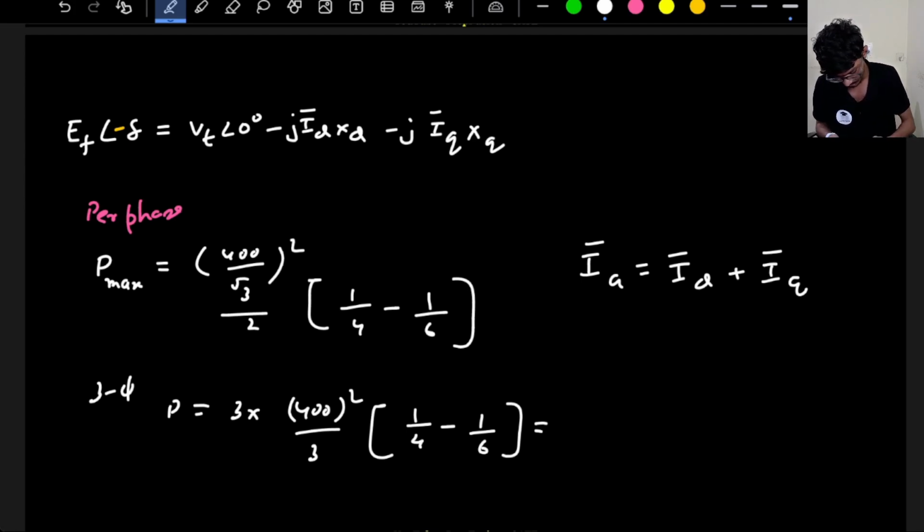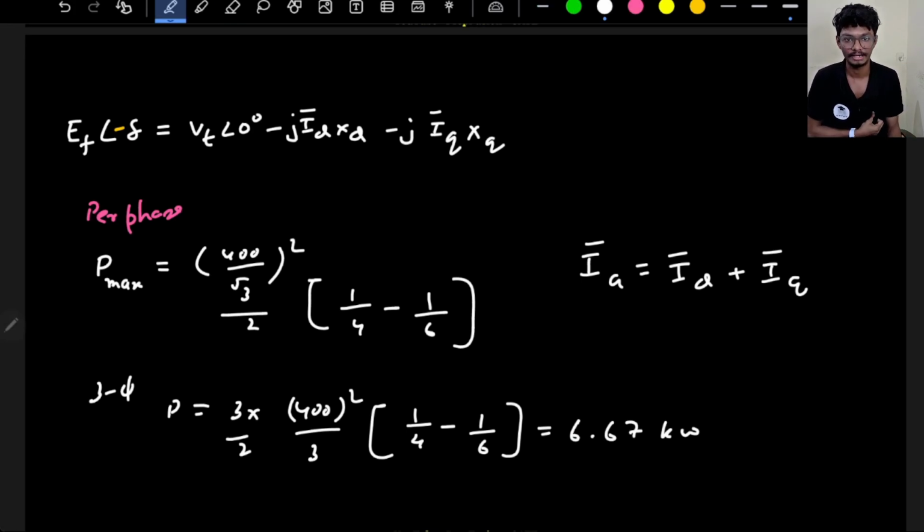So it will be 0.883 into 400 whole square. So 1333.33. Okay, this will be the reactive power, if I am not mistaken. 400 whole square, yes, 400 whole square. Also there is a divided by 2, right? I forgot, there is a divided by 2. So this will be basically 6.67 kilowatt. Okay, this will be the overall active power.